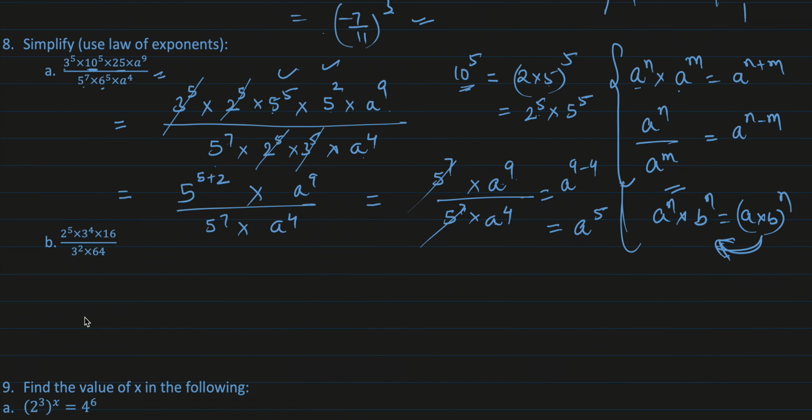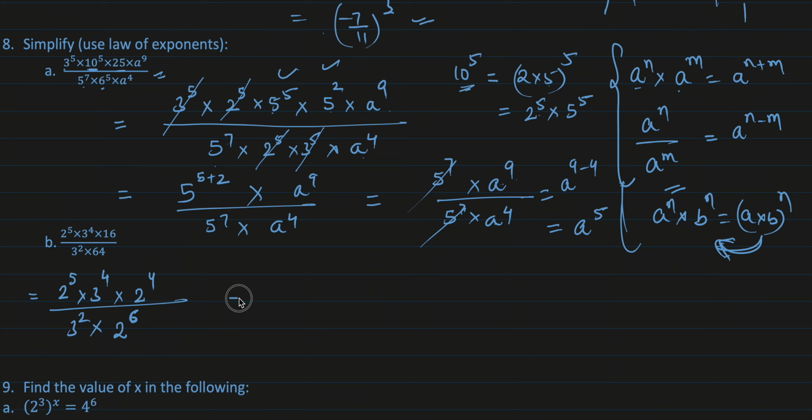Same way I'll proceed. I will not touch the prime numbers, but 16 I can say is 2^4. And 64 is what? It's 4 cube basically. So 4 cube means it's 2 raised to the power what? 6. 64 is 2^6.